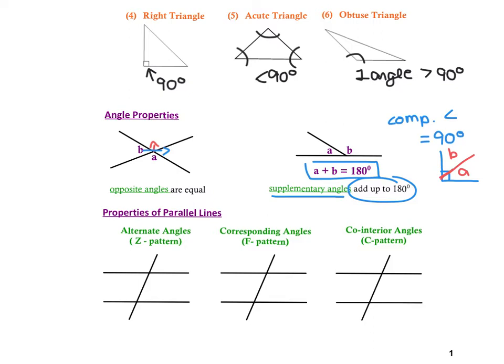And then we have some properties of parallel lines. All they're saying in this situation is these two lines are parallel to each other, and we'll look at some theorems. So, alternate angles.